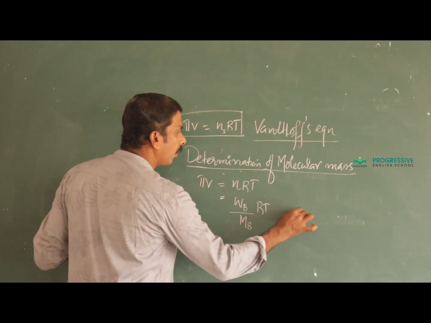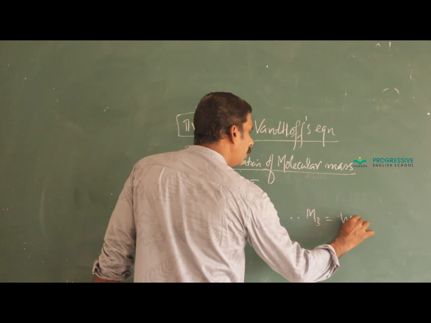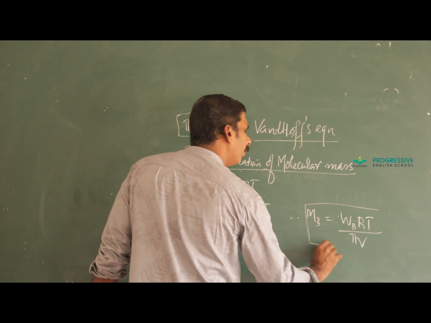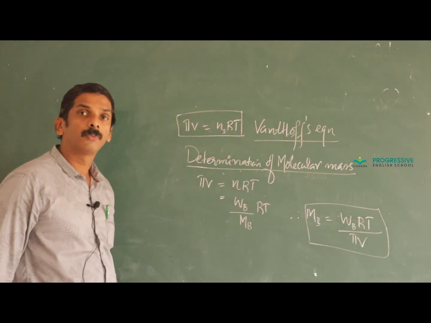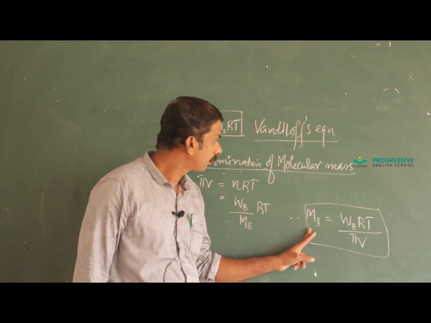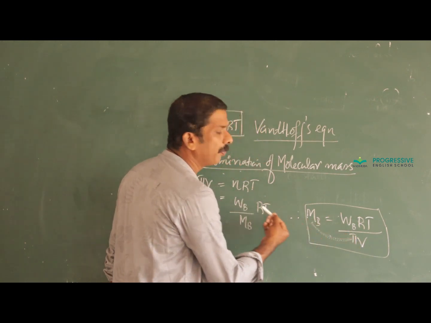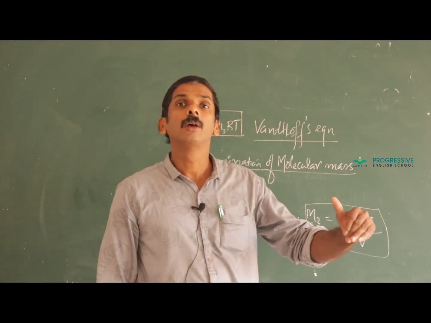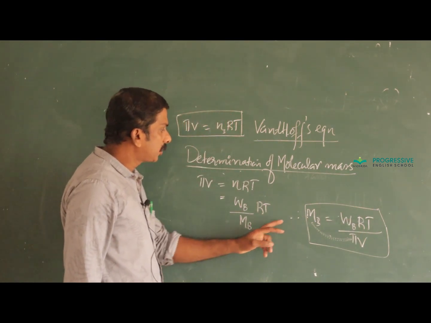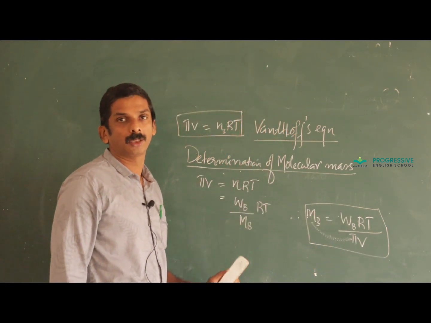Therefore M_B equals W_B RT divided by pi into V. This is the expression for finding the molecular mass of solute. Here also you can see that the molecular mass and colligative properties are inversely proportional. This is the expression for finding the molecular mass of solute by the osmotic pressure method.